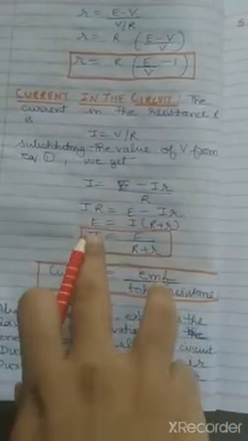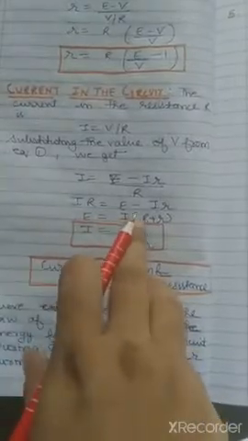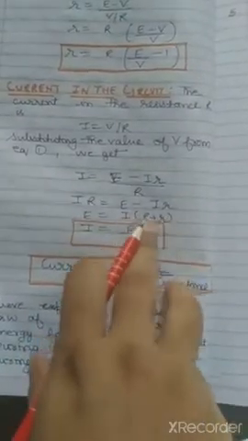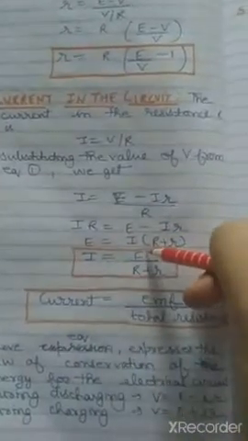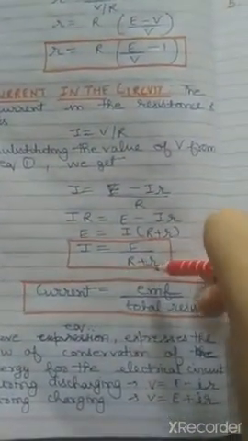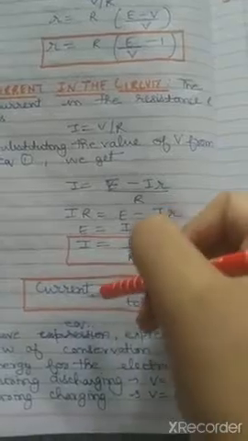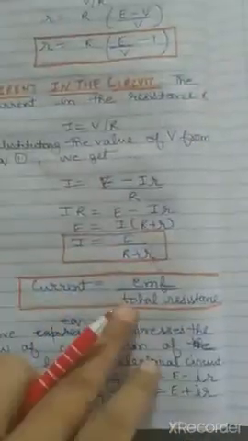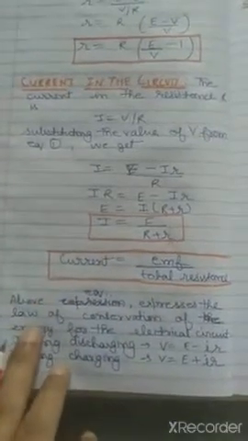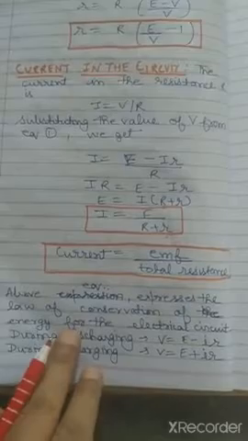Taking this on this side, E will become equal to I into R plus r, that means external resistance plus internal resistance. So I will become equal to E upon R plus r. Or we can say that current in the circuit will be equal to the total EMF divided by the total resistance. So the above equation expresses the law of conservation of energy for an electric circuit.